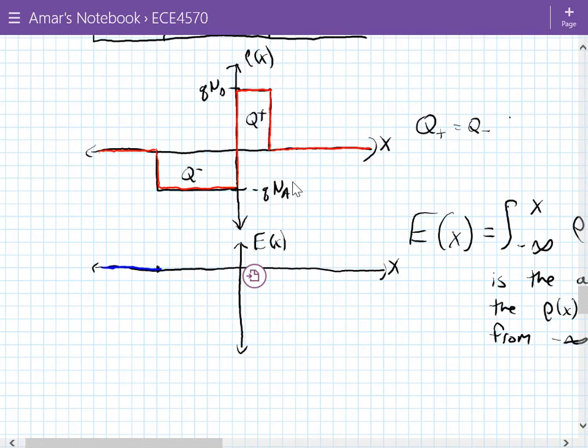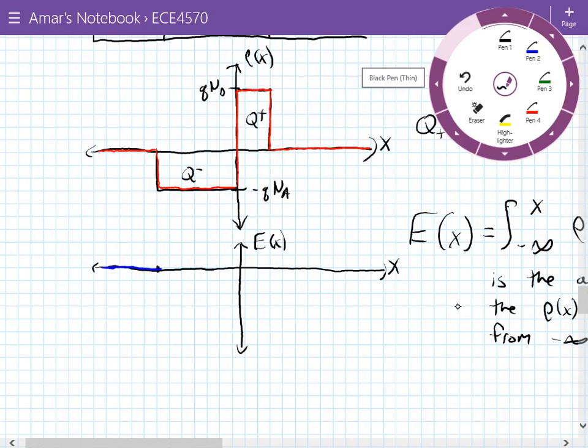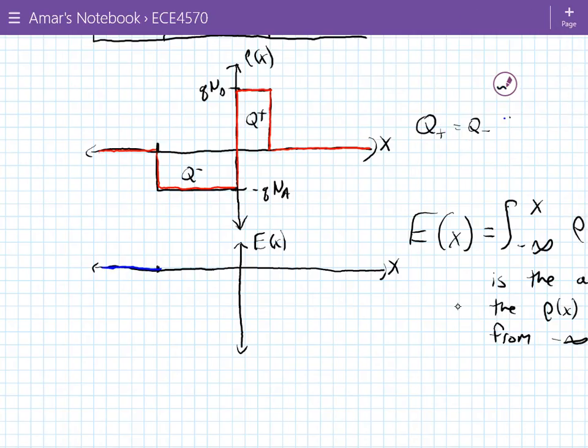Now, what about in this region? This is negative x sub p, and this is x sub n. What's going to happen as we go from negative x sub p to here?